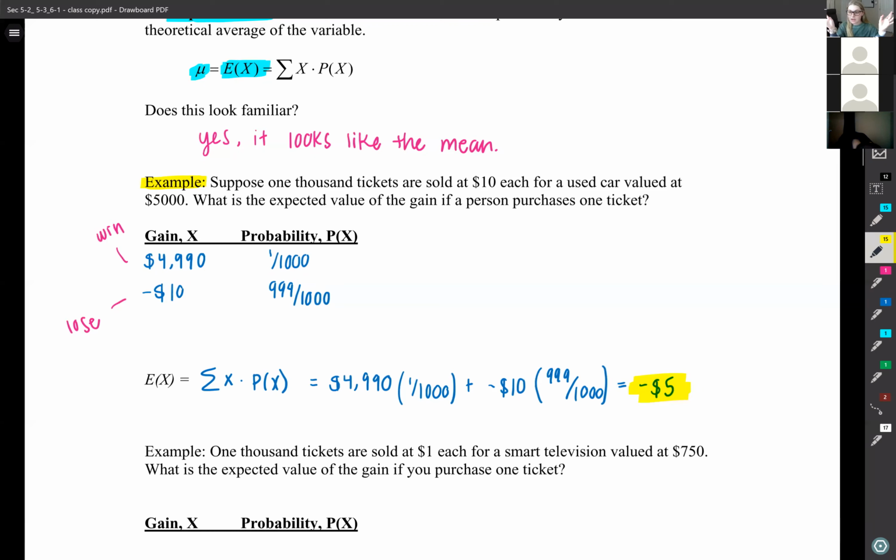So if you do this a long time and participate in this raffle every single week, your average loss would be about $5 per ticket. That's the way to think about it. It's not saying you're expected to lose $5 on this one raffle, because that doesn't make any sense. But you could think of it as the average loss among the 1,000 ticket holders, or if you did this for a very long time, you would be expected to lose about $5 for every ticket that you purchased.